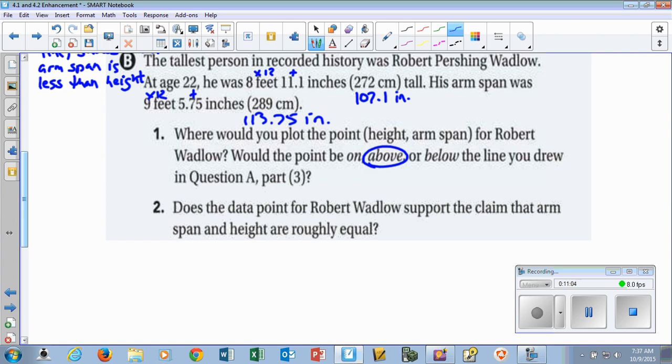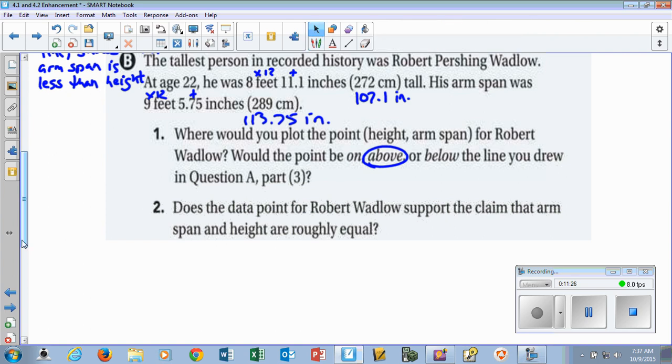I think the greatest difference between height and arm span is 3 inches. Oh, there's one that's 4, but for the most part, you're dealing with 1 to 2 inches, and that's pretty close. Where him, you're talking of a difference of over 6 inches, and that's not even close.